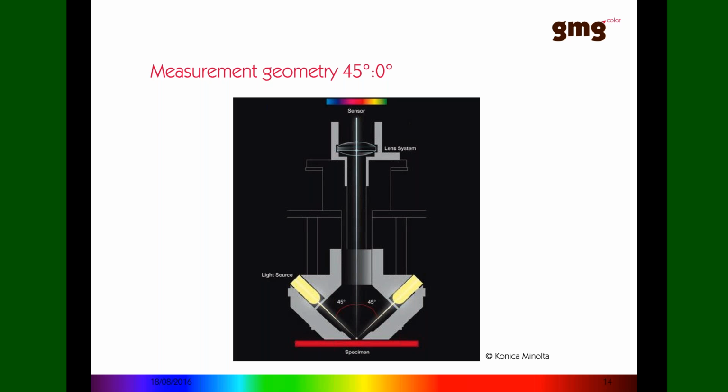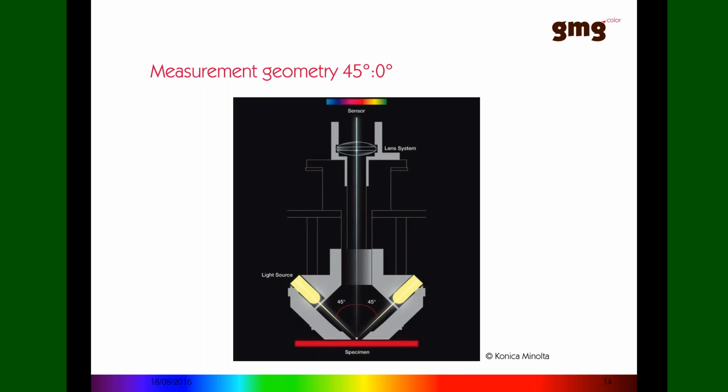Right at the bottom, we have the specimen that we want to measure, and at a 45-degree angle, we have, in this case, multiple light sources that are hitting this specimen, and then the reflected light is measured by the sensor. First, it's passing a lens system, and then it's hitting the sensor.